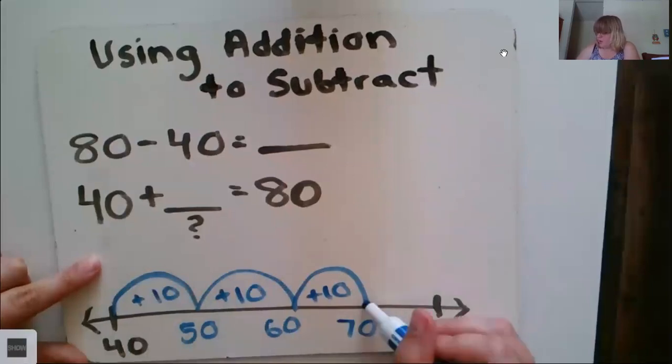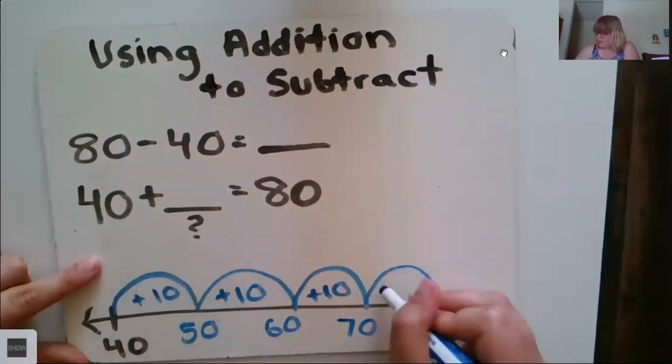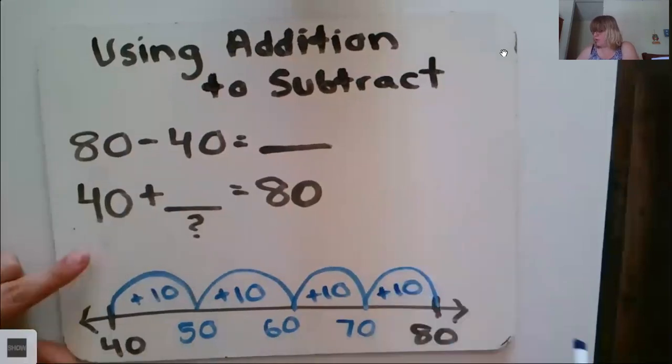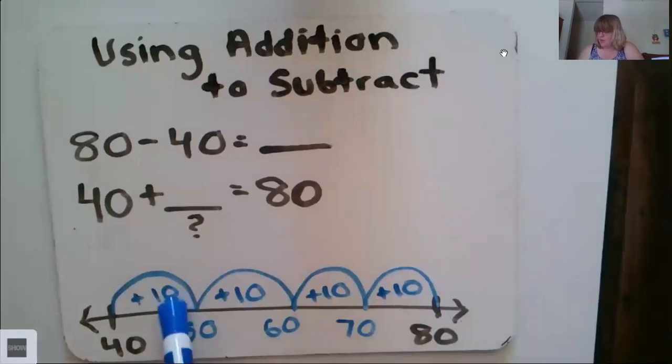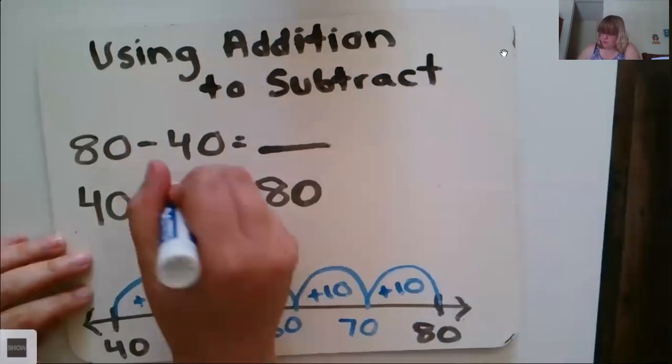And one final jump from 70, I add 10 more, and I've reached my goal of 80. So now we're going to total up how much I added all together. So I had 10, 20, 30, 40 added to my number to reach 80.